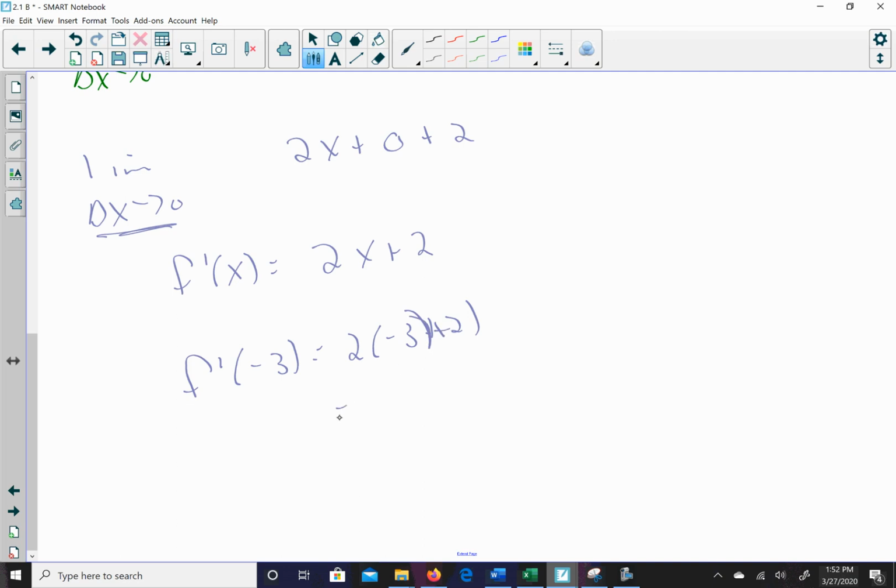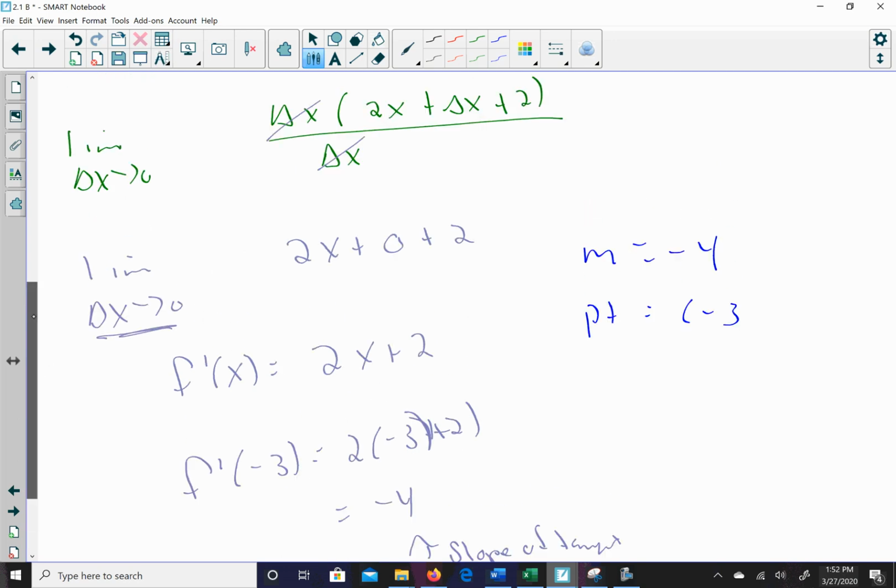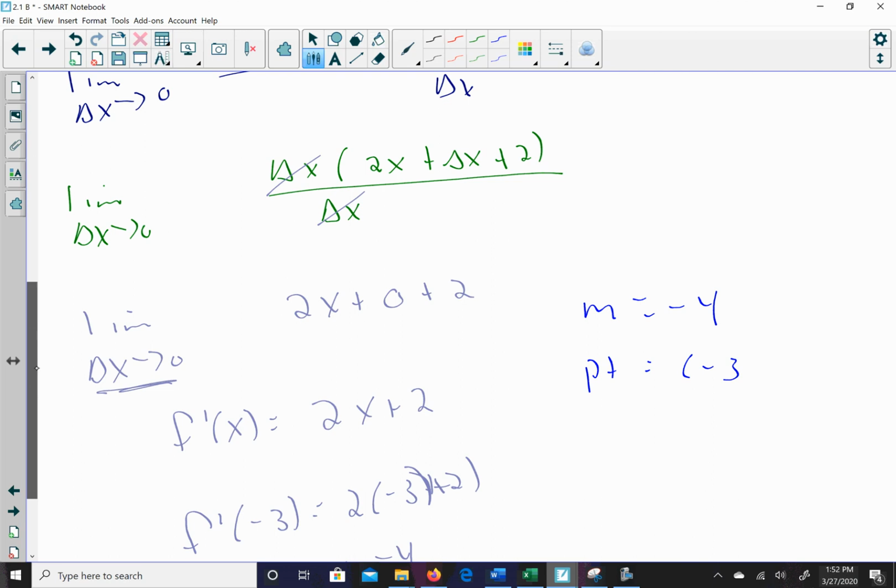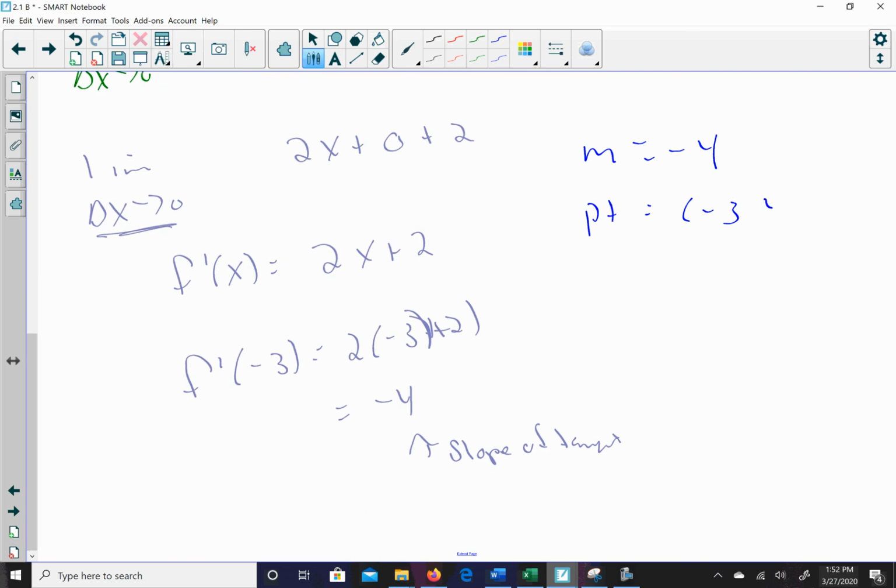So negative 6 plus 2, and I get negative 4. That's my slope of my tangent line at that point. So now I have a slope at that point. So my slope at that point is negative 4, and I have that point, which was negative 3 and I think 5. Going up to check. Oh, nope. Negative 3, 4.